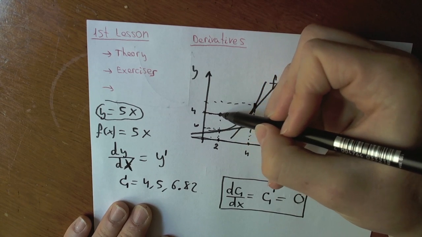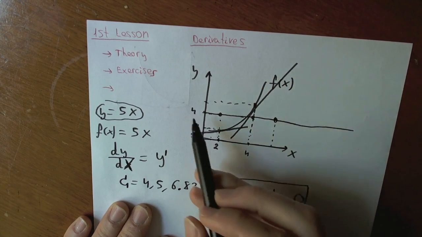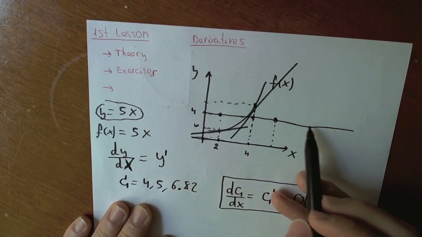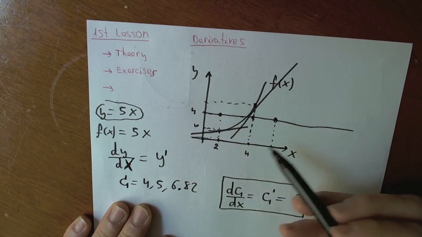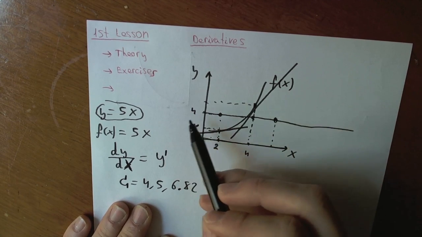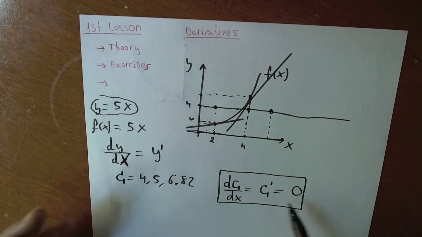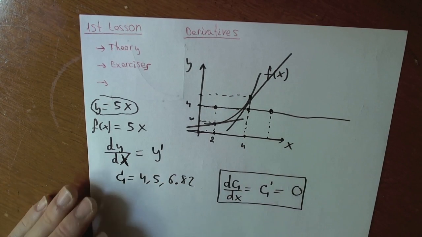That's why it is a constant. So it's a horizontal line, and the tangent line at any point is horizontal, with no inclination. It has no angle, so there is no slope, and because the derivative measures the slope, it is 0. This is the reason.